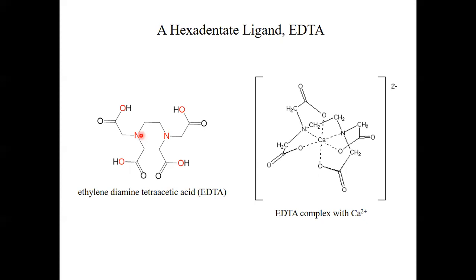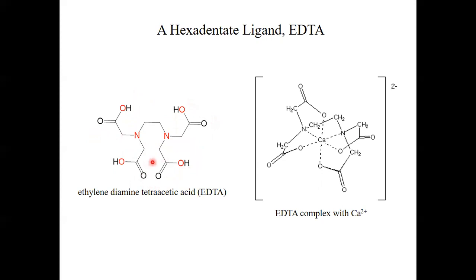So this nitrogen here is attached to these two acetyl groups, here and here. And this nitrogen here is bound to this acetyl group here and this acetyl group over there.